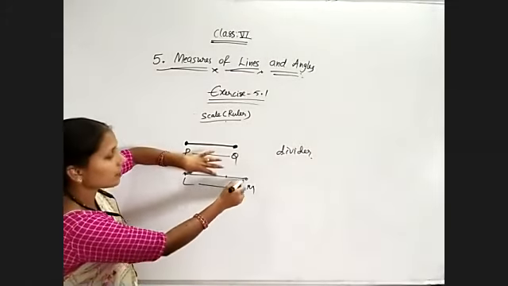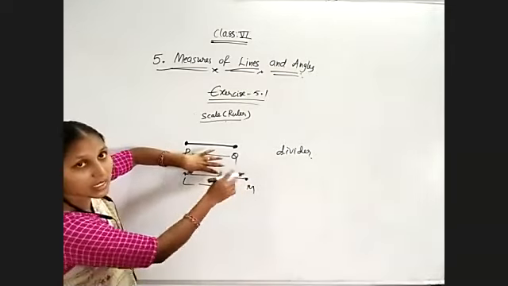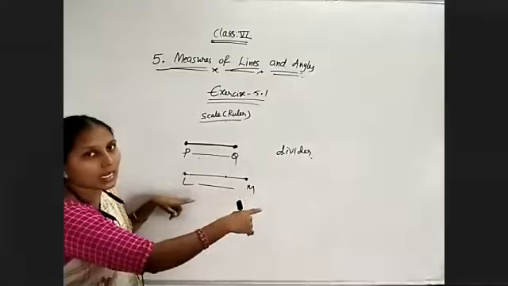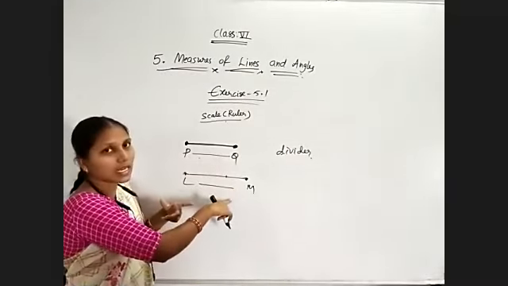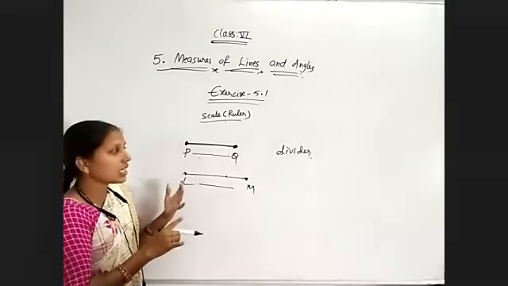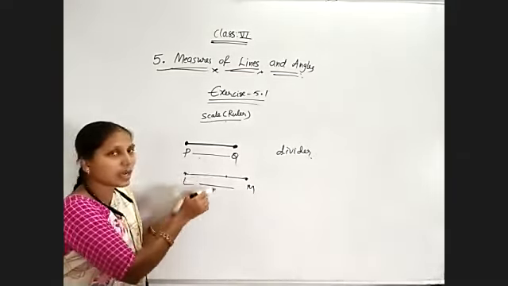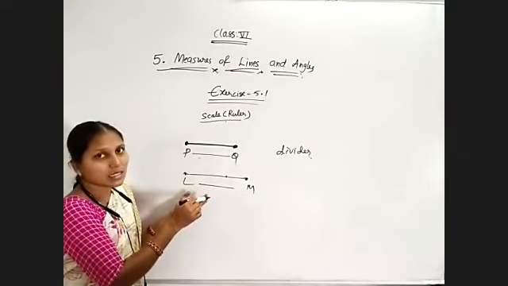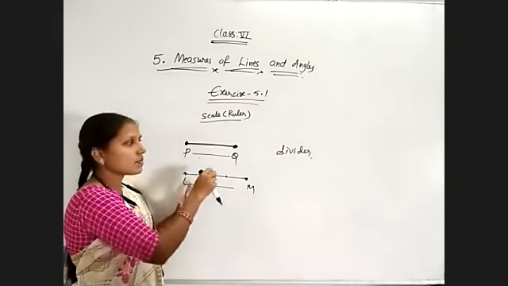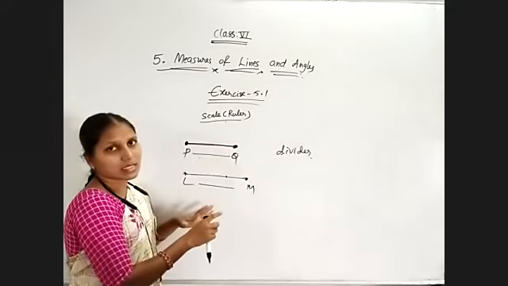If PQ lies exactly on LM, then PQ is equal to LM. If it goes beyond LM, then PQ is greater than LM. With the divider it takes less time to compare, the difficulty decreases, and it will definitely give correct results.